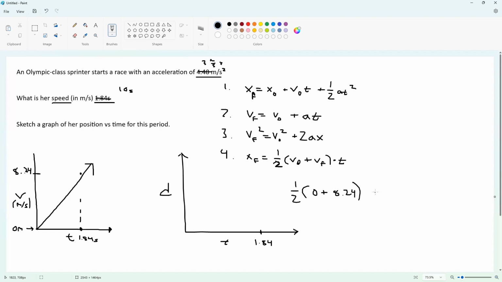That is the final velocity. Yeah, that's correct. How much time did it take? 1.84 seconds. Okay, so now we use this formula to calculate the distance. Go ahead and calculate the distance and come back to me when you have it.